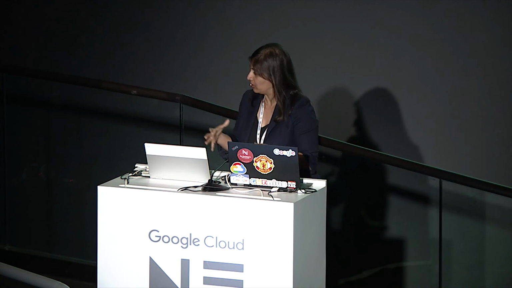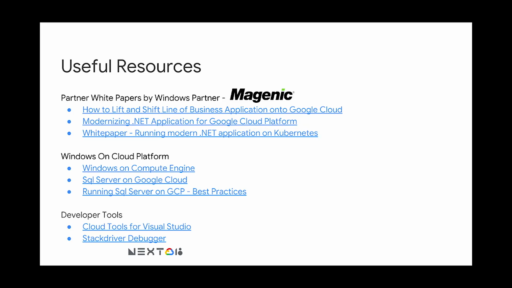A lot of the work was done and explained quickly because we have a short time, but we have a detailed set of white papers that we wrote with one of our Windows partners, Magenic, and they go into an extremely detailed explanation for the same application of how you could move, and the different pieces and the tools. And all the work done is actually available. The code's available, so you're free to look at some of the examples and see how we did some of the migration there.